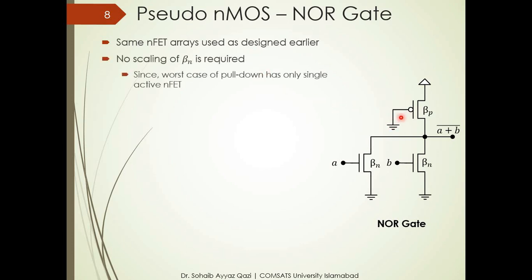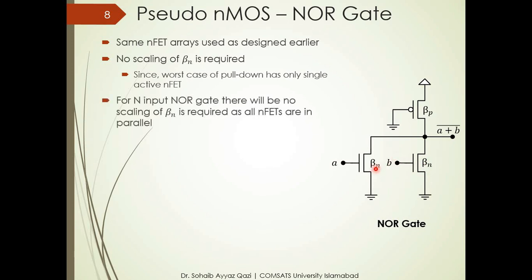We just replace the pull-up network with a PMOS, the gate of which is connected to ground. In this case, there is no scaling required of this beta n, because we have only a single NFET turned on during our worst case. So we don't have to scale this beta n.